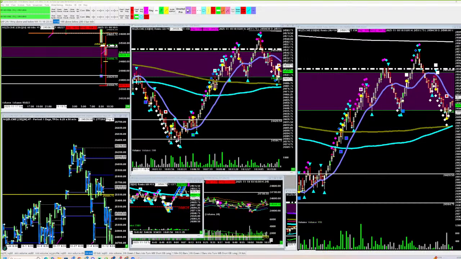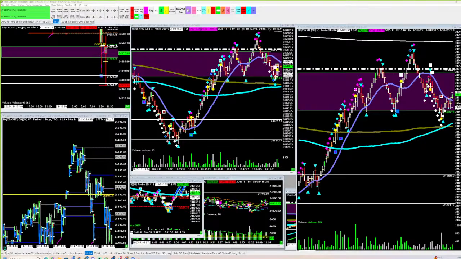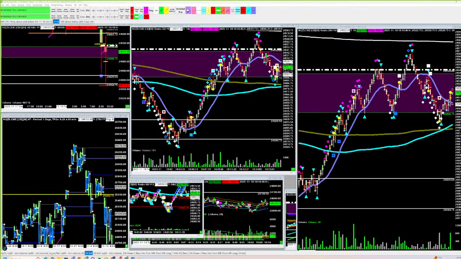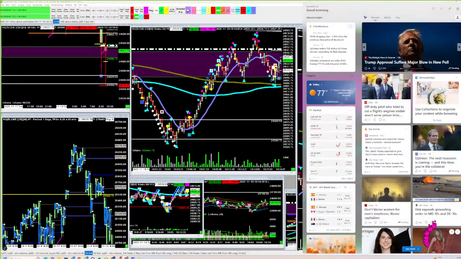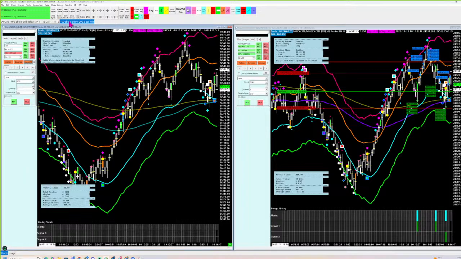White bar up. That would fire long, I believe. You should have gotten some of your scales on that. 6 of 10.